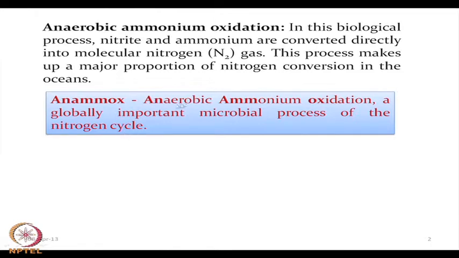so the abbreviated form is known as NMOX. N is from the anaerobic reaction, M is from ammonium ion, and OX is oxidation. So, NMOX is a globally important microbial process of the nitrogen cycle.